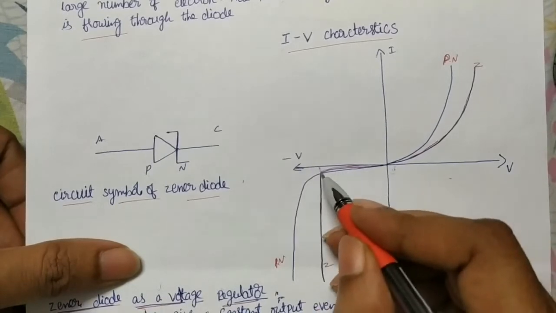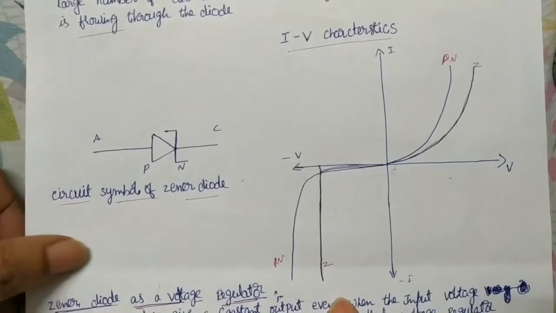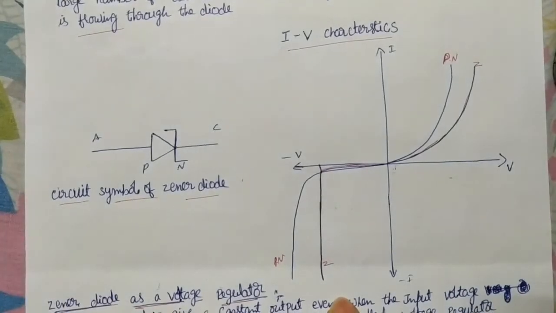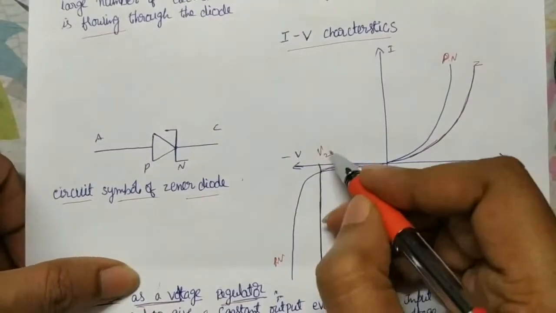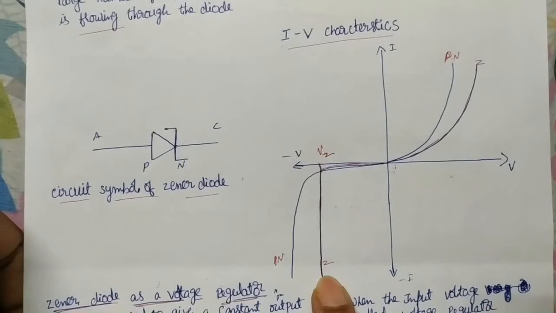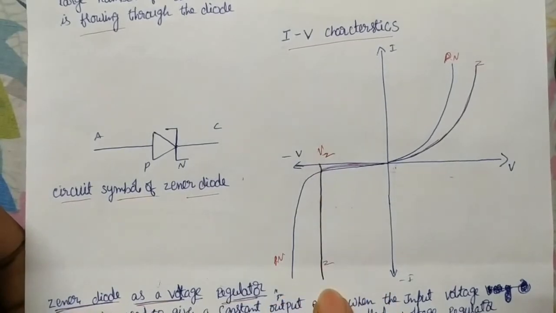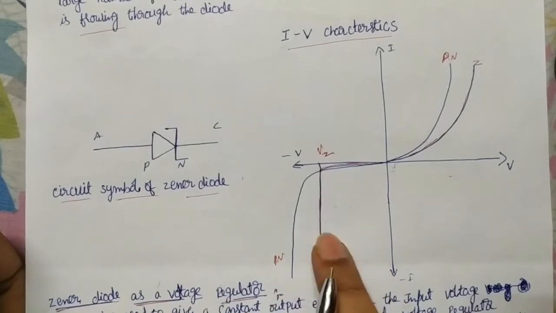But here, all of a sudden at this particular point, when the potential across the GNR diode in reverse bias crosses a particular value called VGNR, the GNR breakdown potential, a huge amount of current flows through the diode. That is what we call GNR breakdown potential.